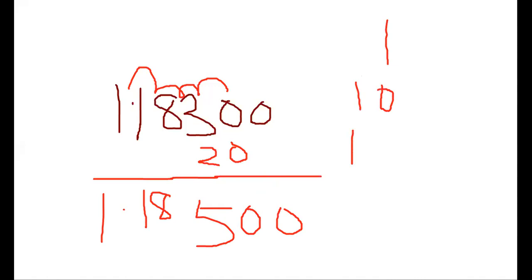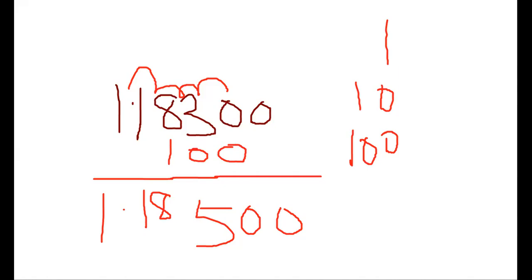So class, in mathematics, there's what they call units, tens, and hundreds. If I also want to add 100 to this, very simple, what do I do? 100 will come and start from here.